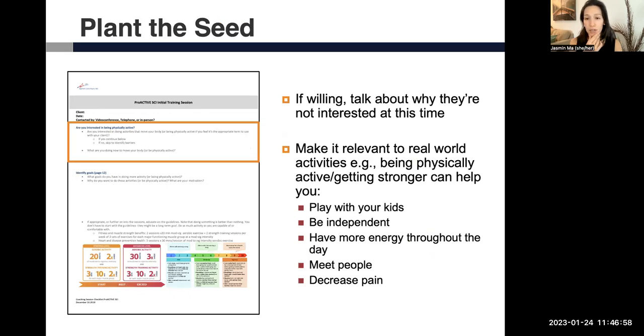It might be an opportunity to talk about some of the benefits of physical activity if that's something that they might be interested to explore. But really important is to make those benefits relevant to who they are and what's important to them. So for example, why is getting stronger something that might be important to them? Well, maybe it allows them to maintain their independence or to be able to play with their kids.